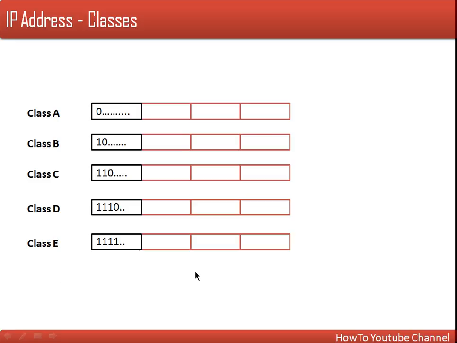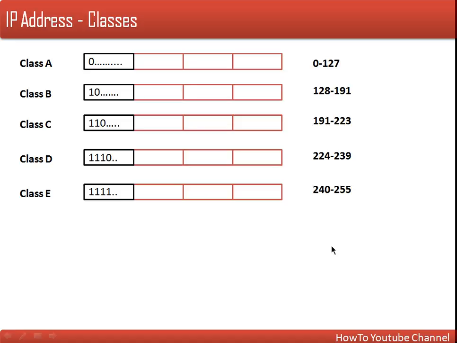But in case you want to find out quickly, there is a shortcut as well. So if the first decimal is in the range of 0 to 127, then it will be class A. For this range, class B. 191 to 223, class C, class D and class E. So let's have an example.